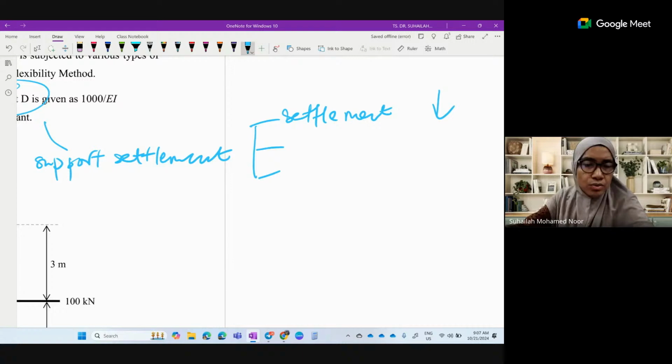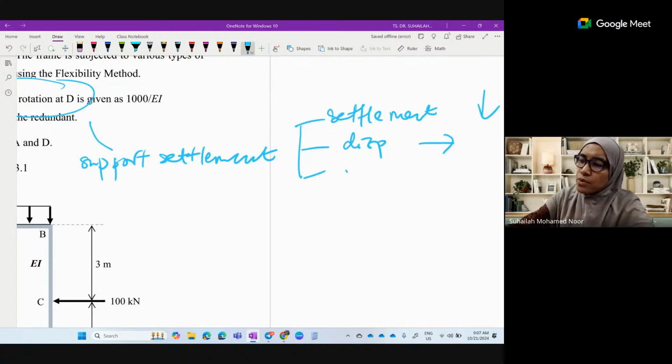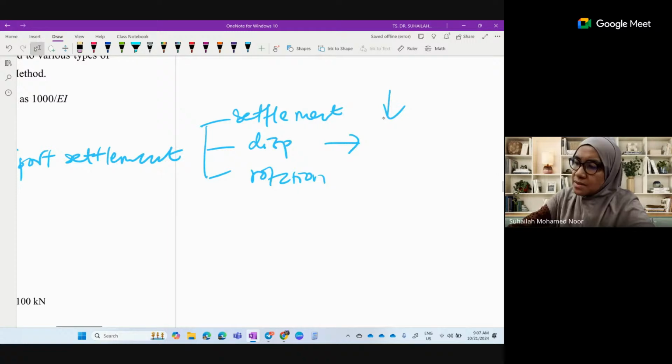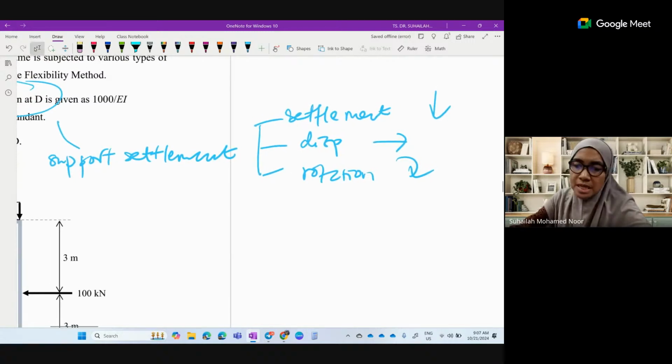Or we can also have support displacement, which normally refers to horizontal movement, right or left. It is also part of support settlement in the question. And also support rotation. So there are three possibilities.